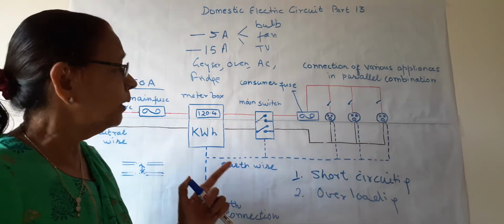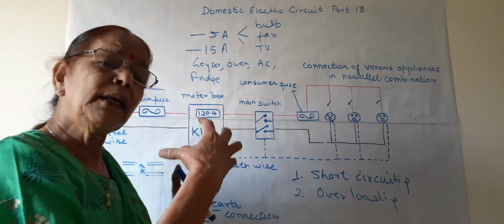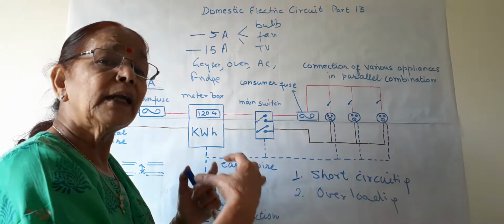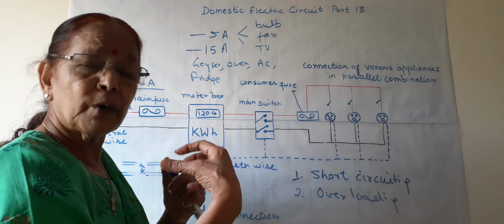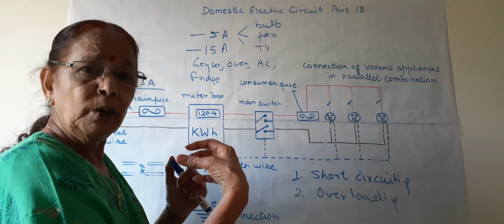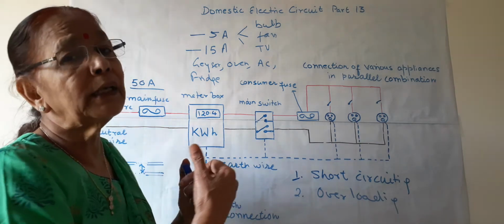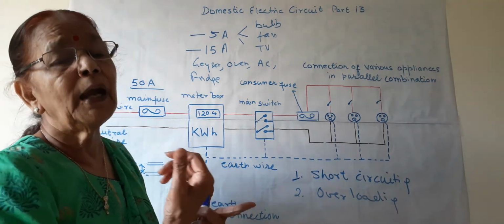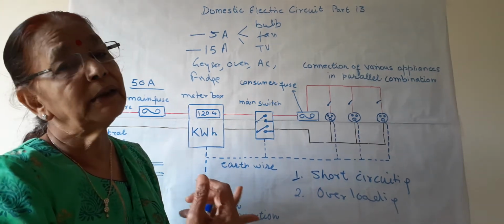What is overloading? This is a parallel connection. If many appliances with high power need are connected together to a socket, then it will draw more current. So the current will be more, and due to the more current, again there is a heating problem, and due to this heat, again a danger of fire is there.